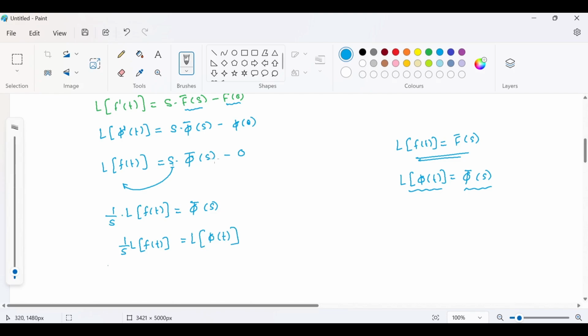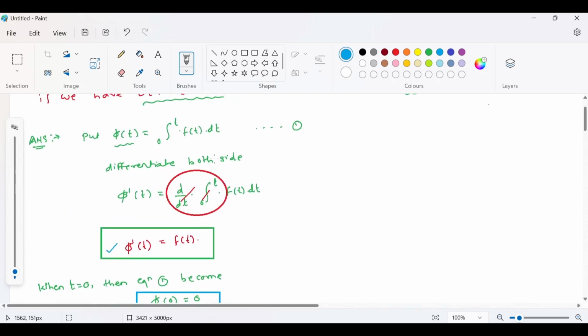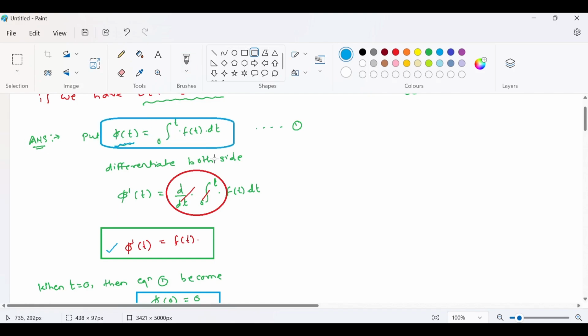Now if you see here what we have assumed, we have put phi of t is equal to integration 0 to t f of t dt.